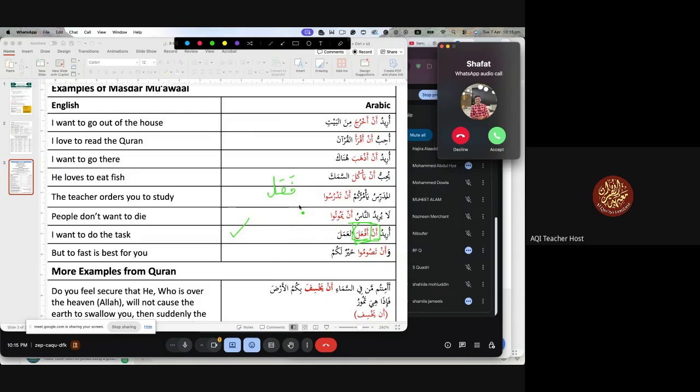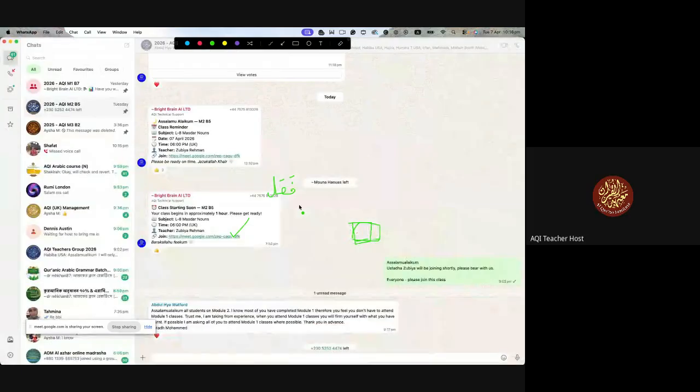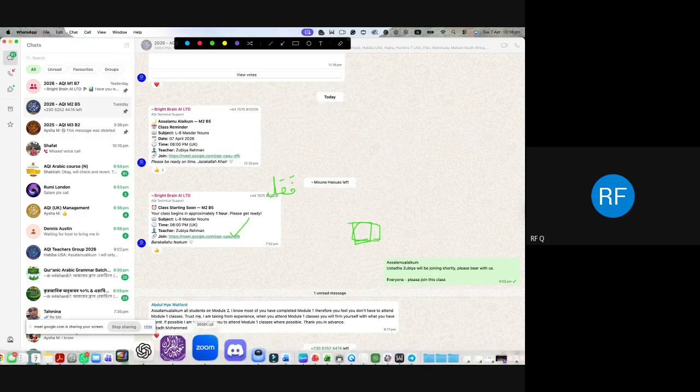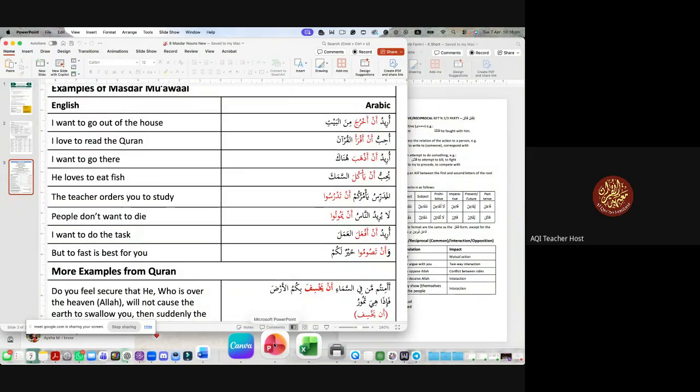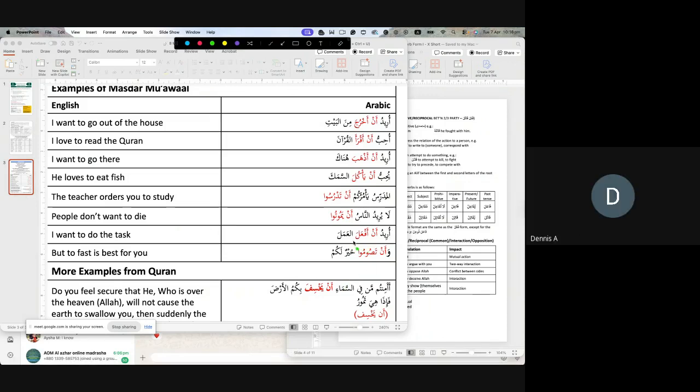Next: tafalani, tafalna. Then nafalu. Afalu, nafalu. Good. What number is afalu? Afalu is ana, number 13. Okay? Brother Dennis, you remember now? Yes, afalu, brother, 13.